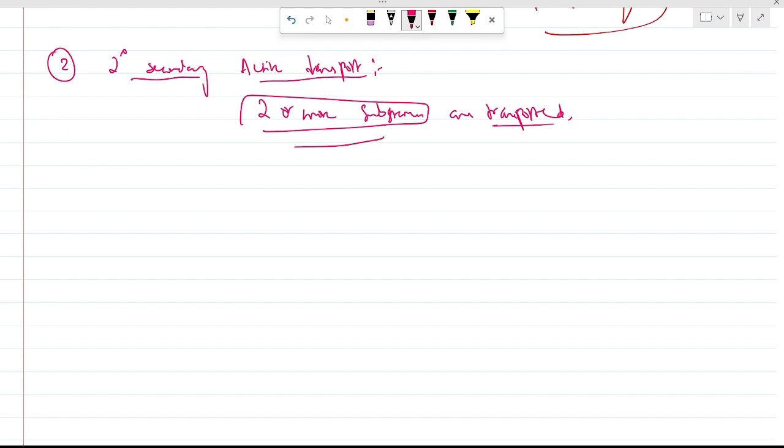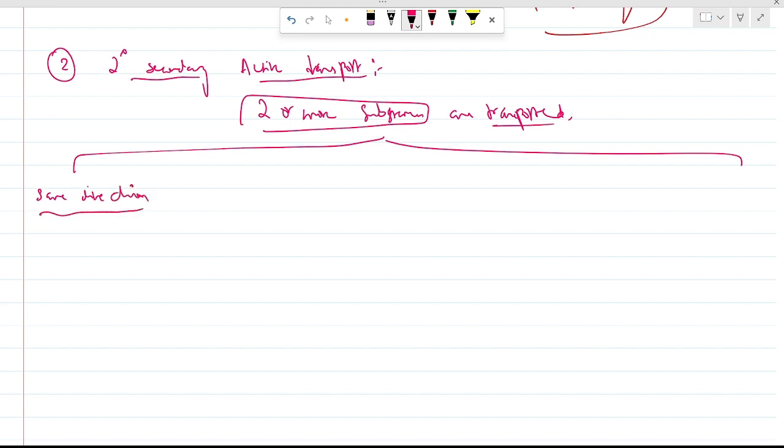These two or more substances can be transported in the same direction or, obviously, in the opposite direction.